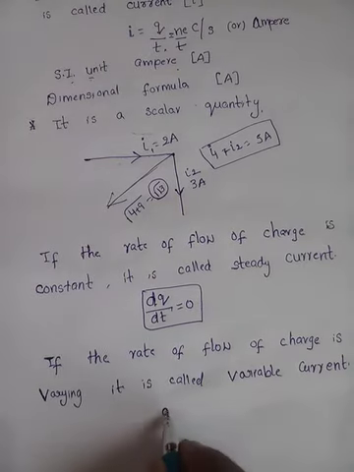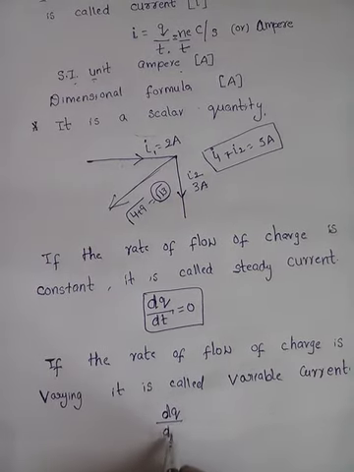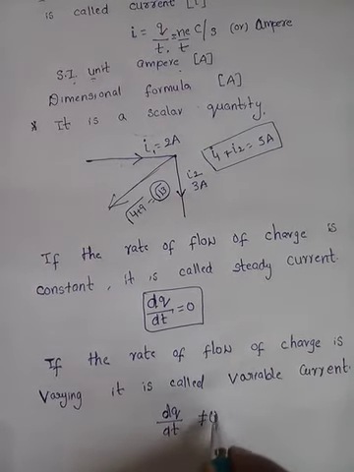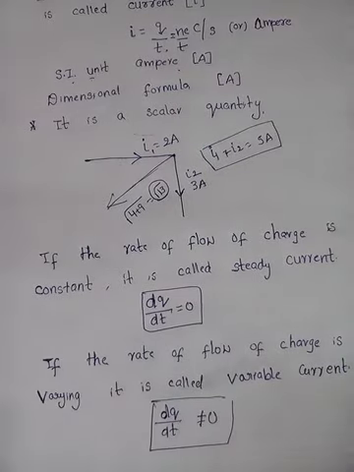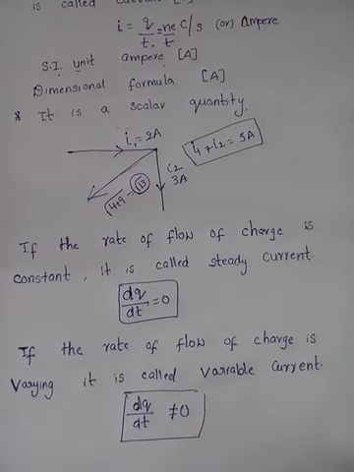So varying current means dq by dt is not equal to 0, meaning the flow of charge is not constant.